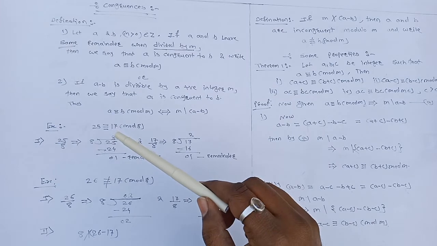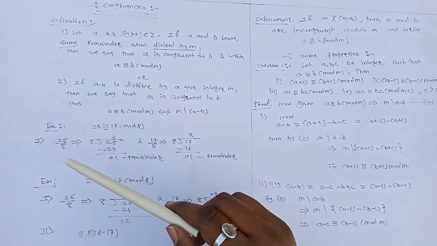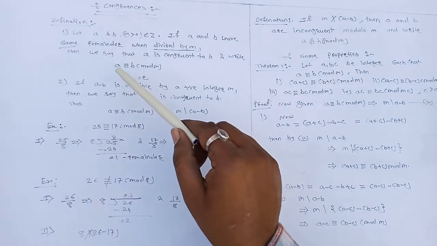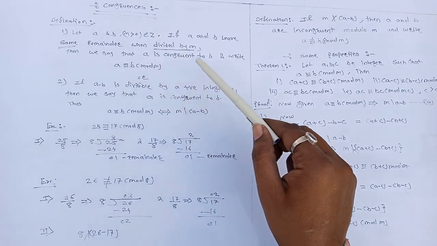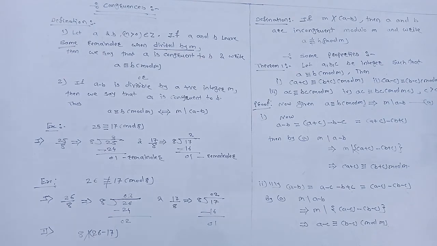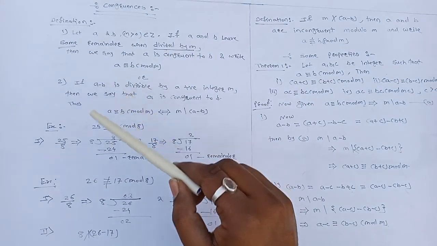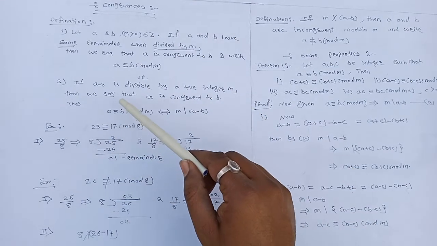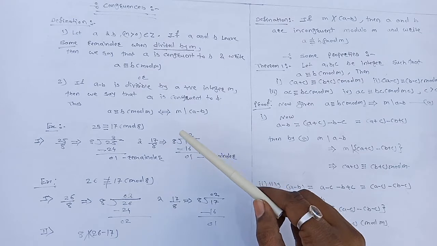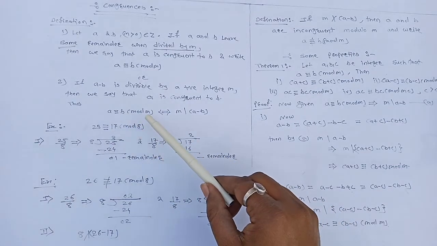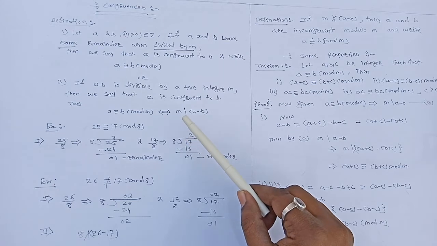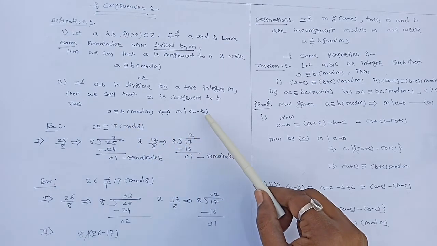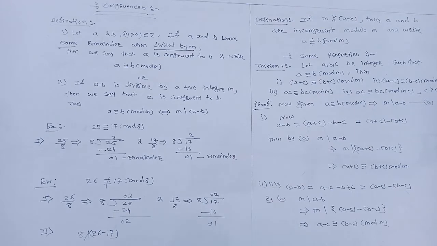Then if R1 and R2, that means the two remainders, are the same, then we say that A is congruent to B mod M. Similarly, the second definition: if A minus B is divisible by a positive integer M, then we say that A is congruent to B. That means A is congruent to B mod M if and only if M divides their difference, that means A minus B.